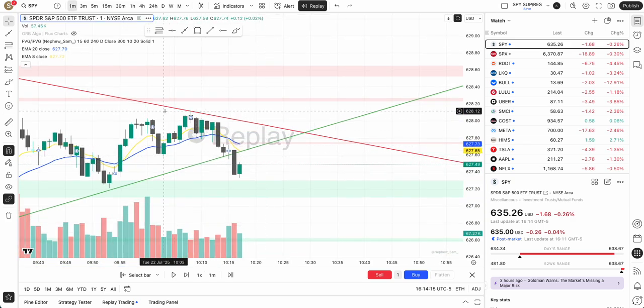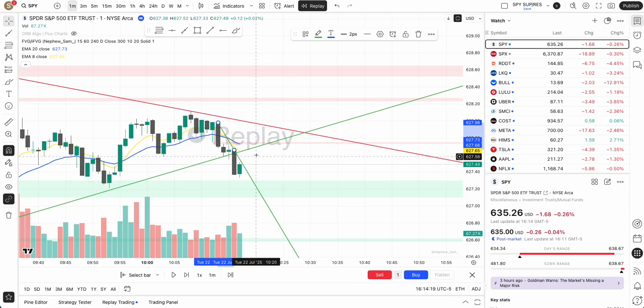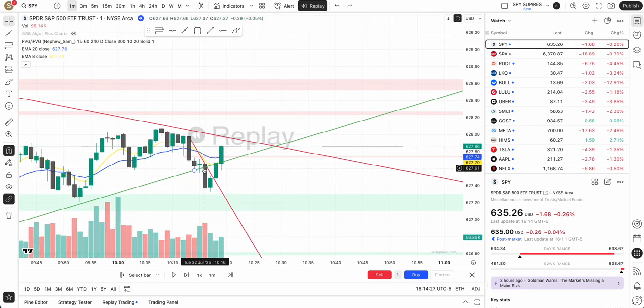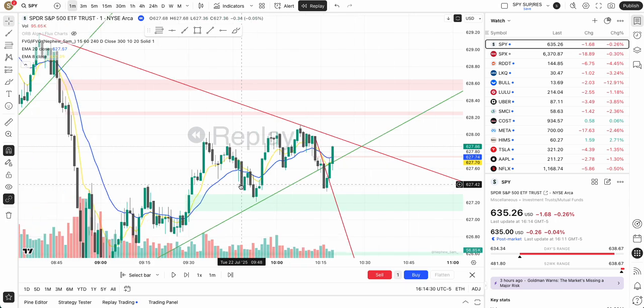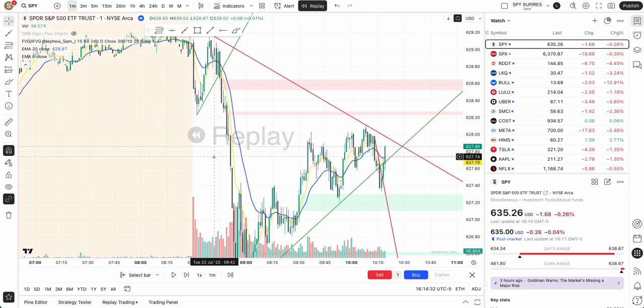Yellow below blue. Enter. Okay, that one faked out too. Okay, well, you guys saw that we got this trade and we avoided a few of these fake outs that allowed us to get this call.